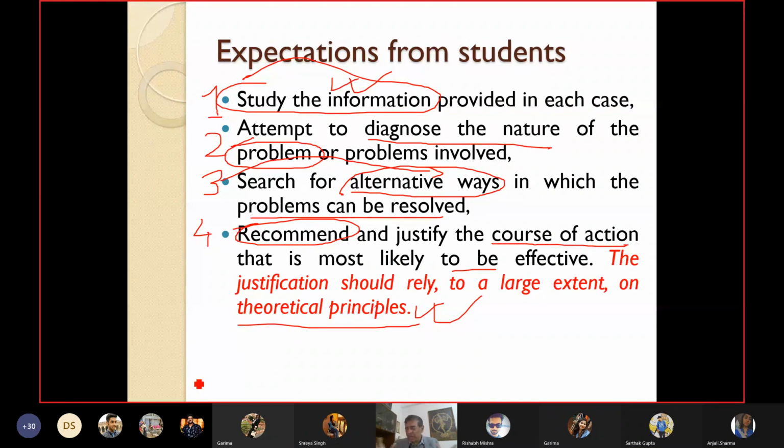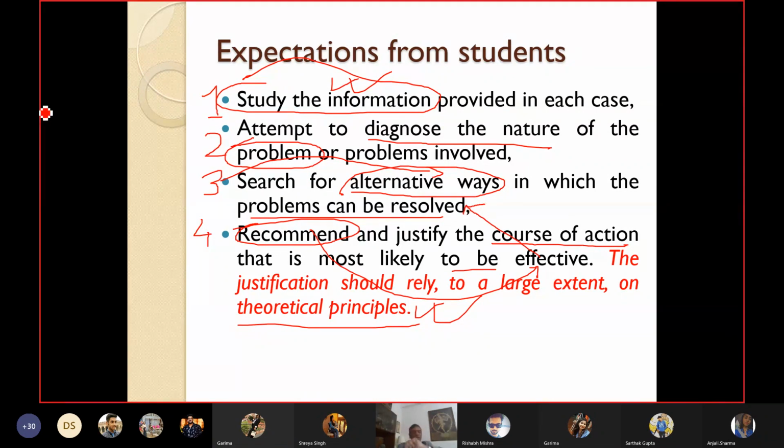A, study the case in details, look at the problems, identify alternatives, and then make the recommendations of the best possible alternatives to resolve the problems and come out with a solution. The most important thing is your recommendation should be such that it proves to be effective in solving the problem.